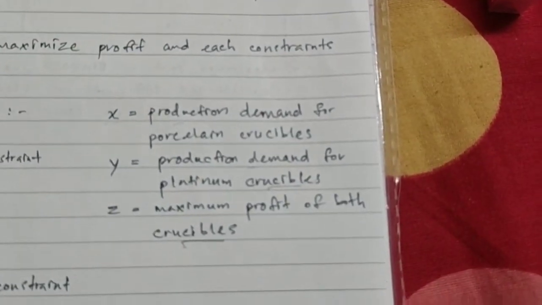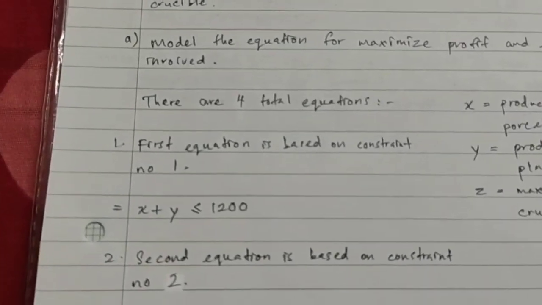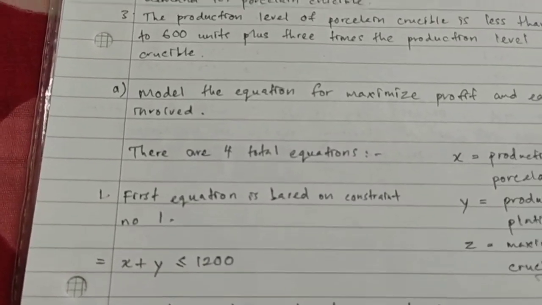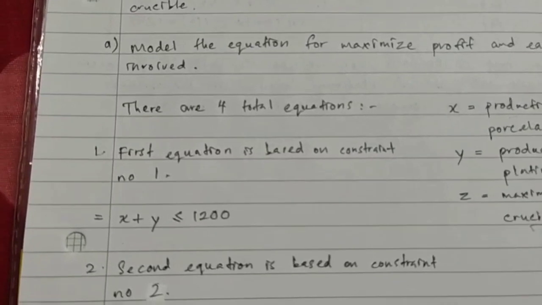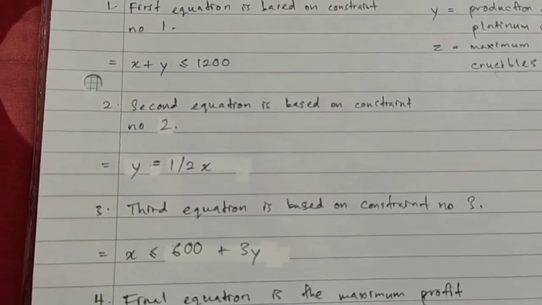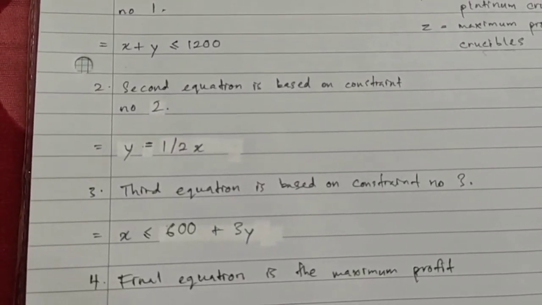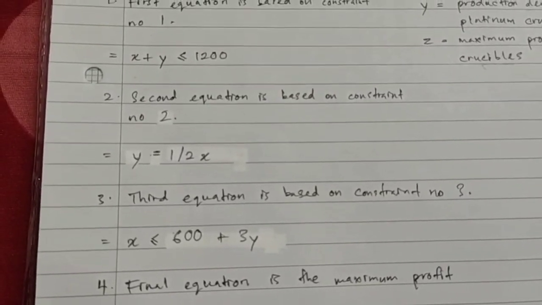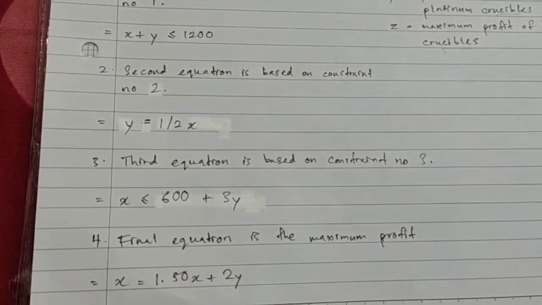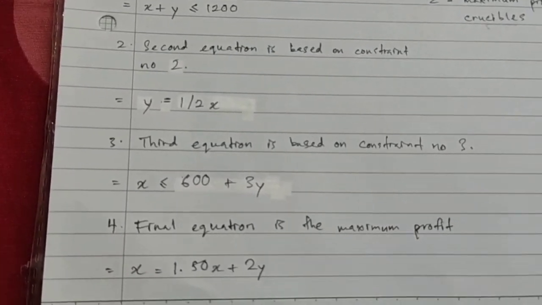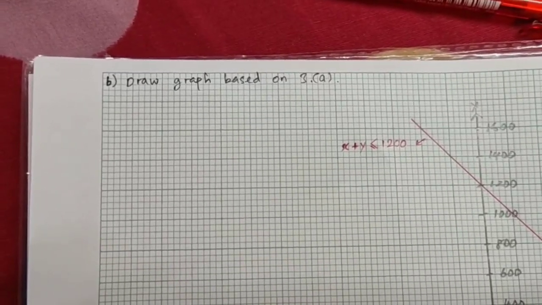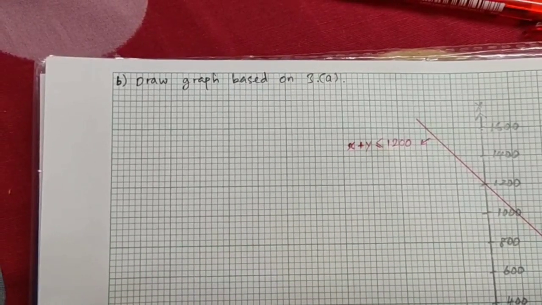The first equation is based on constraint number 1, which is x plus y less than 1200, and the second is y equal 1 per 2x, and the third is x less than 600 plus 3y, and lastly, the final equation is cost equal 1.50x plus 2y.